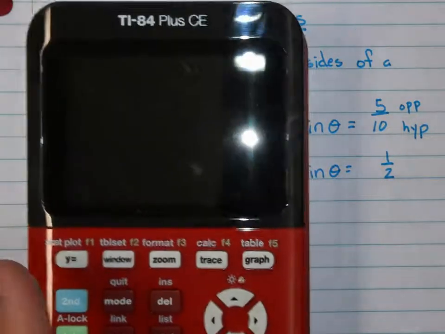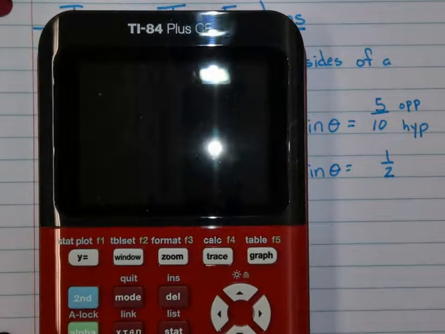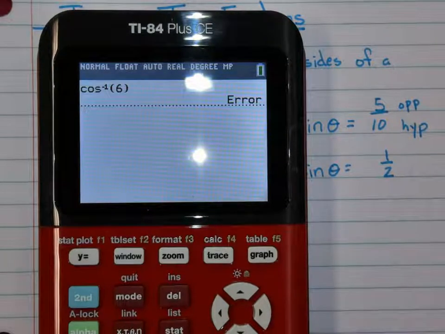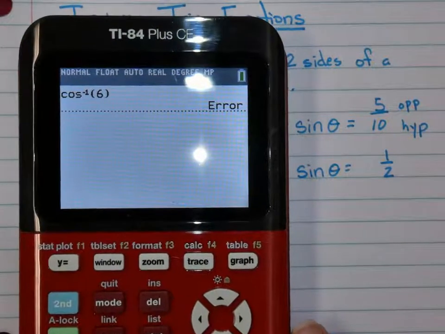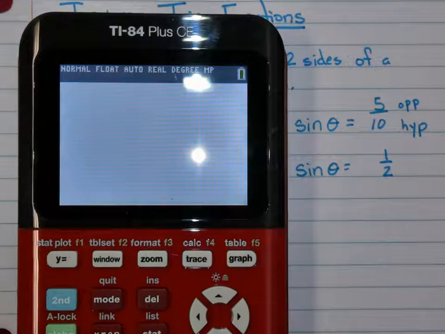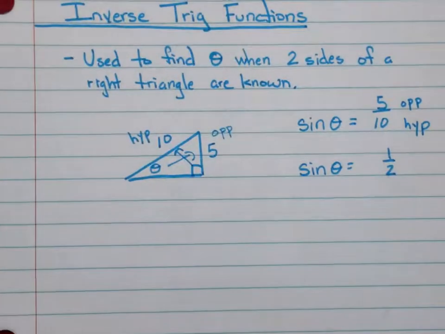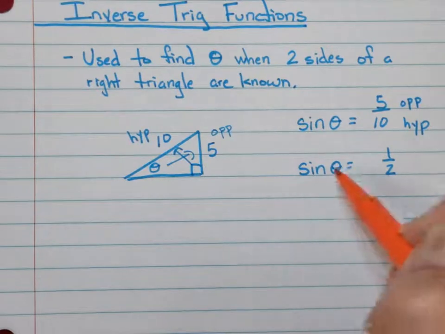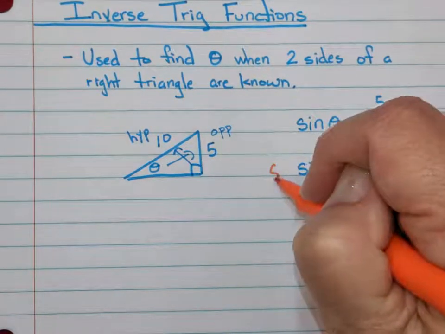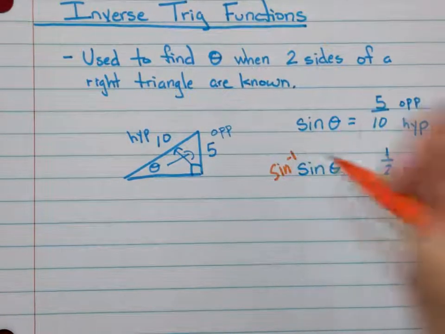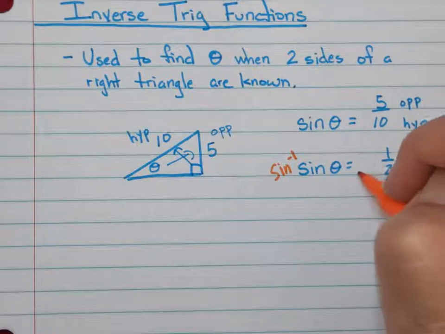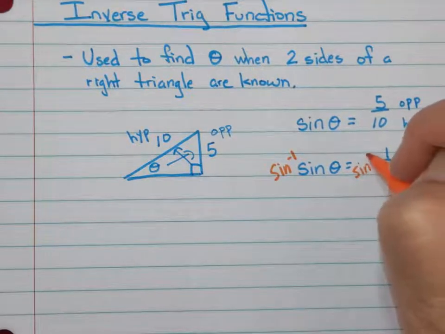So you would want to have your calculator. And, well, before you get your calculator, you want to take the inverse sine. So you're going to take inverse sine of the left and inverse sine of the right.